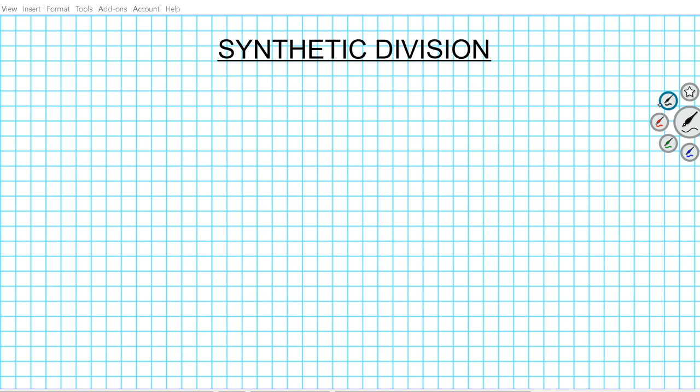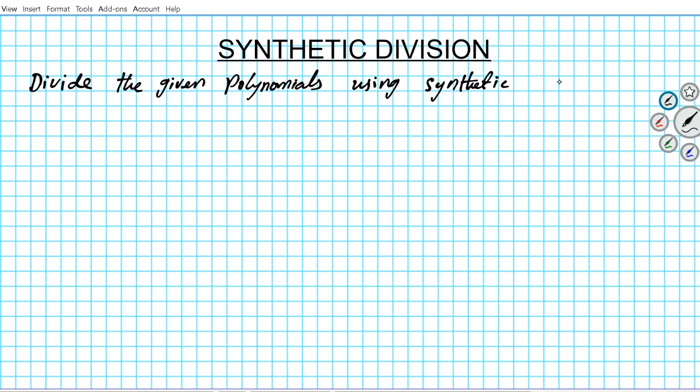All right, let's take a look at the instructions for the example that we're going to work on. Divide the given polynomials using synthetic division, and then when you're done doing that, you're going to specify the quotient and the remainder.